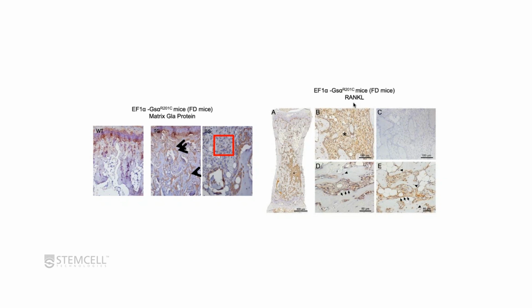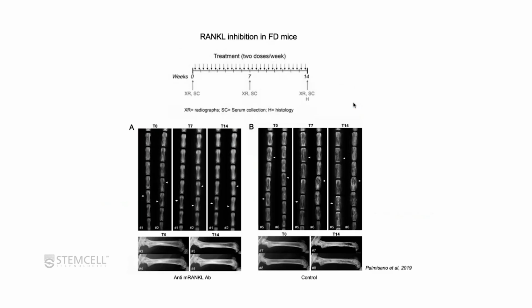And a murine equivalent of these antibodies is also available. And so this has allowed us to test the effect of RANK ligand inhibition in our mouse models. And these are the results. Mice have been treated with the anti-mouse RANK ligand antibody twice a week for 14 weeks.